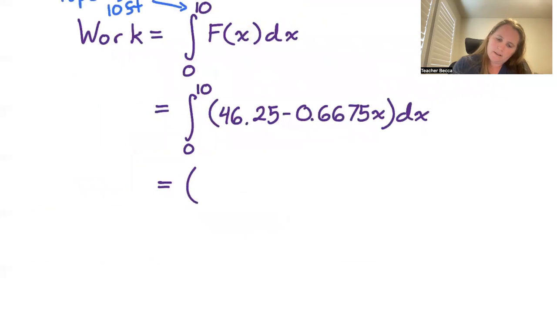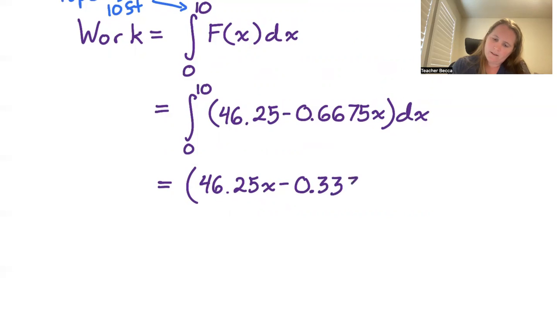This is 46.25x minus 1/2 of 0.6675x squared, so minus 0.33375x squared, evaluated from 0 to 10.